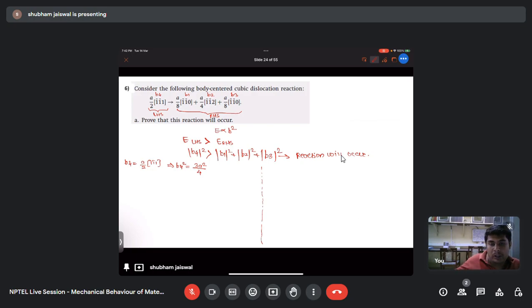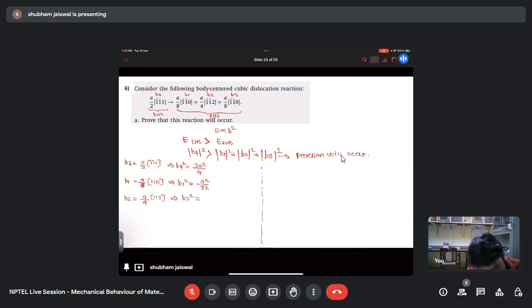Now try to answer for the other cases also. Let's say B1. B1 is a by 8, 1, 1, 0. So B1 square will be how much? It will be a square by 32. Similarly, B2 is a by 4, 1, 1, 2.